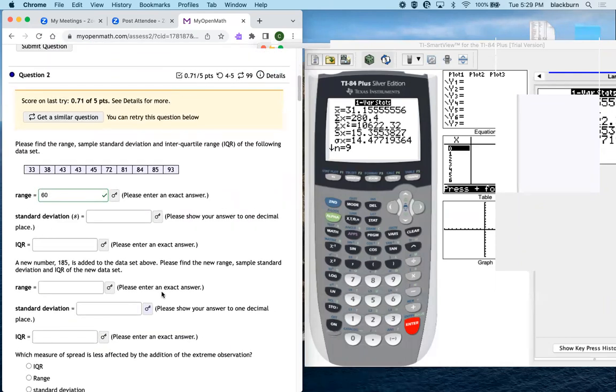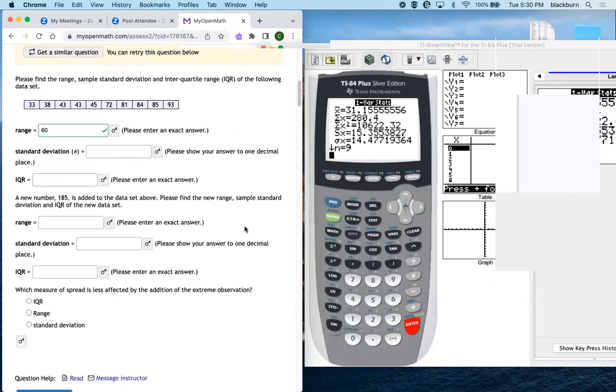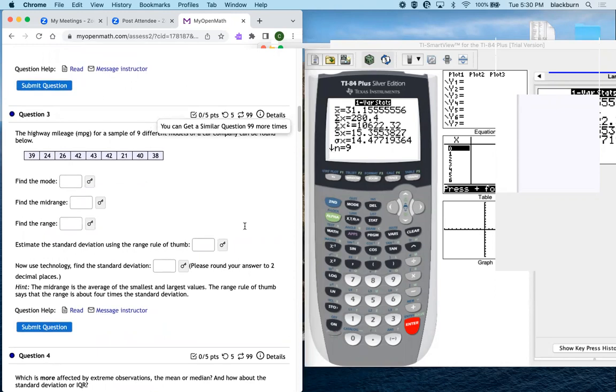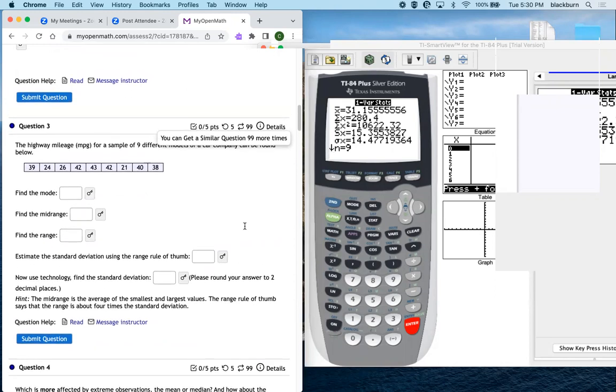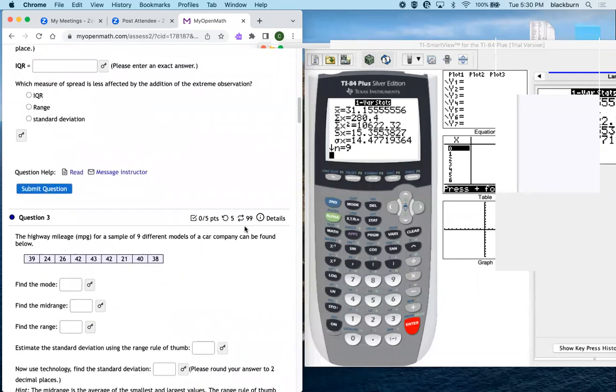So then you can answer all of those questions the same way I just answered that one. Throw them into the graphing calculator, do the 1-Var Stats, and then just answer all the questions. Yes, I think you can do that one.